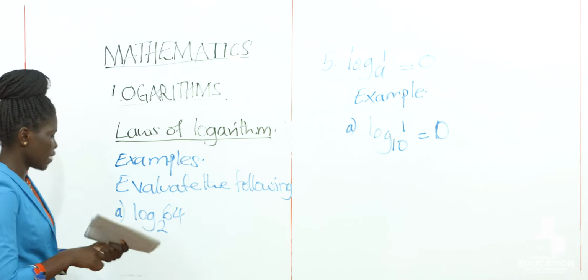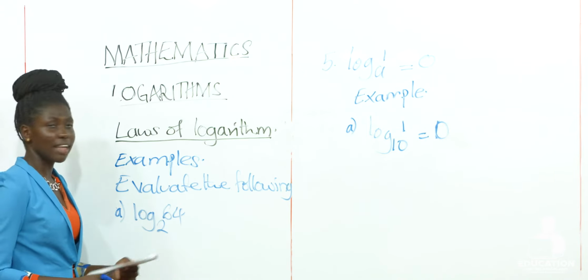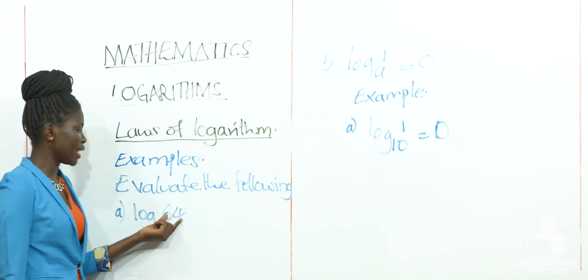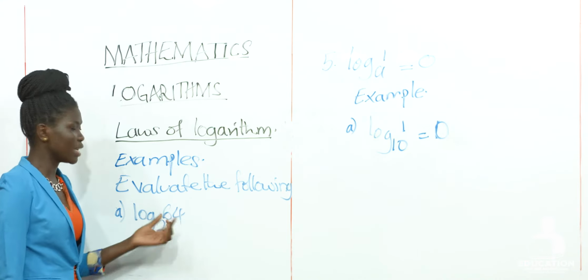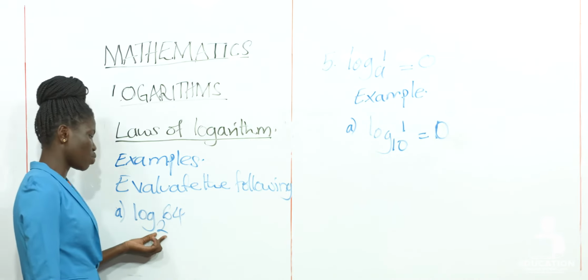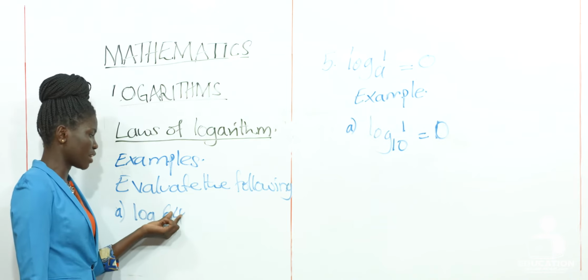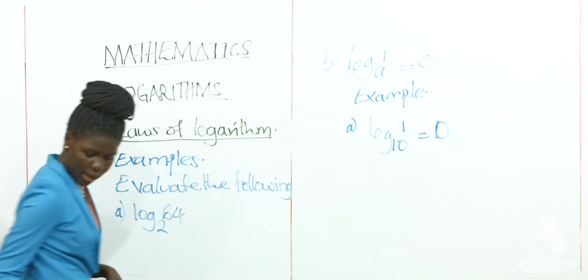Here we've been given just a number which is 64. You may think it's the final answer, but when given a number like this, what you need to do is to factorize it. When you factorize 64, it can be in terms of 4, in terms of 2. But in this case, since we are having our base 2, we are going to factorize 64 according to factors of 2.